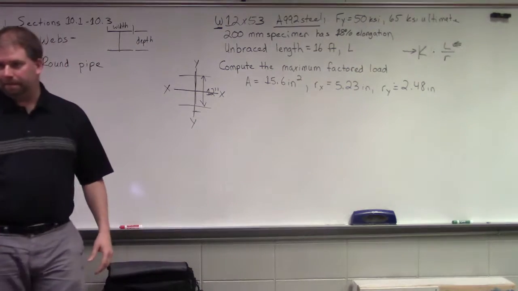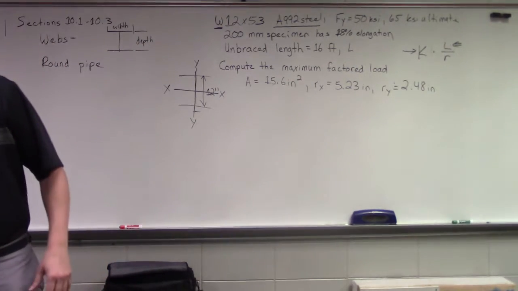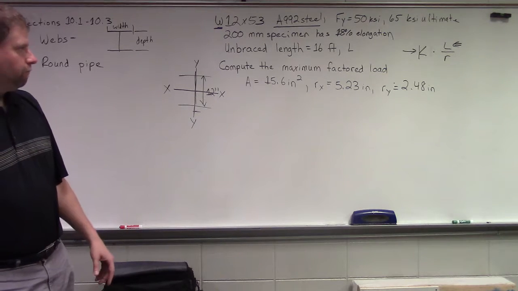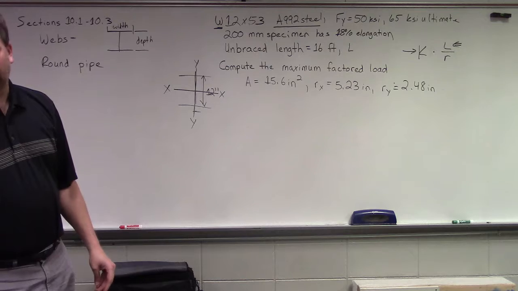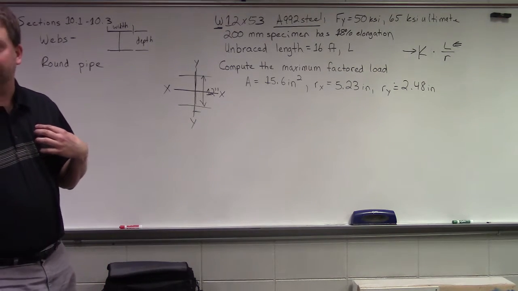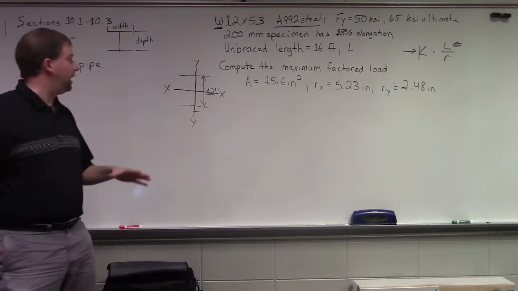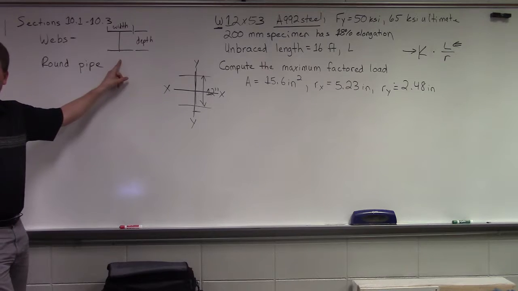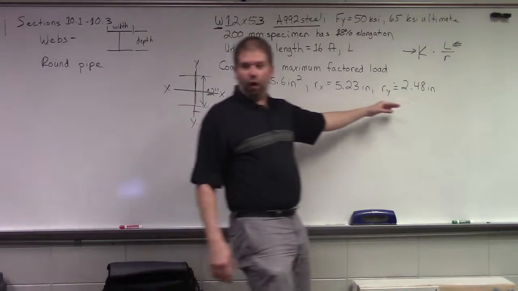Is RY always going to be smaller than RX? That's a good question. I did not do steel design on a consistent basis. I believe, off the top of my head, if you're dealing with flanges where your width is essentially the same as your depth, your R sub Y should be smaller.